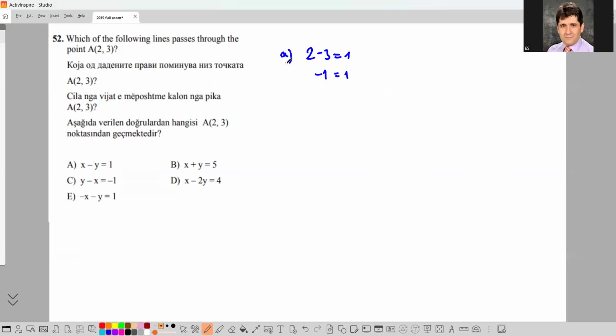This is testing for under A. Under B, 2 plus 3 is 5, which indeed is 5. Under C, that's 3 minus 2, that's negative 1. 1 is negative 1. This is not working. We already found it, it's under B, but if you want, you can test the rest.